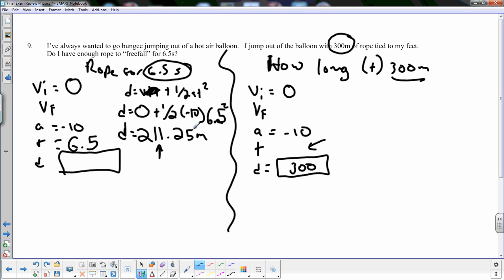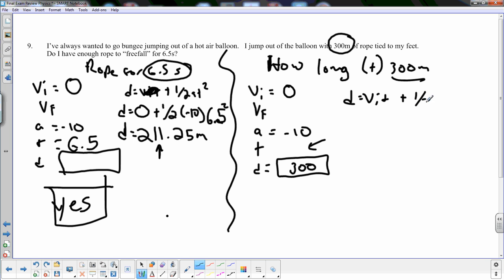Coming over to do it the other way. VI, A, and D, and I'm looking for time, so I can probably do that thing again. d equals VIT plus 1/2 AT squared. I'm not so concerned about the quadratic this time because I know my distance is 300.